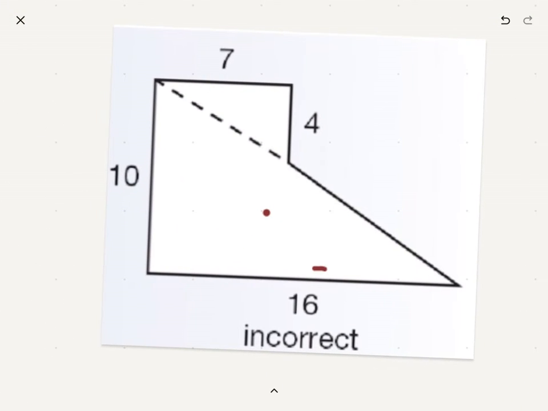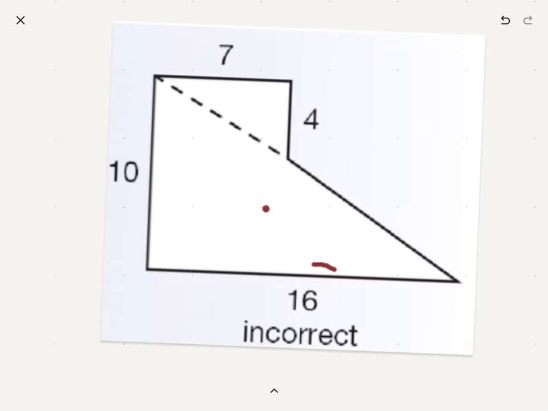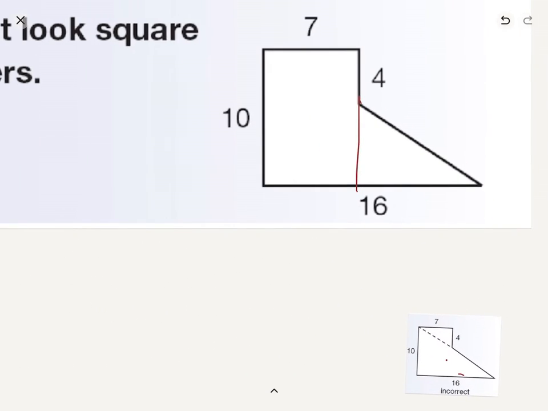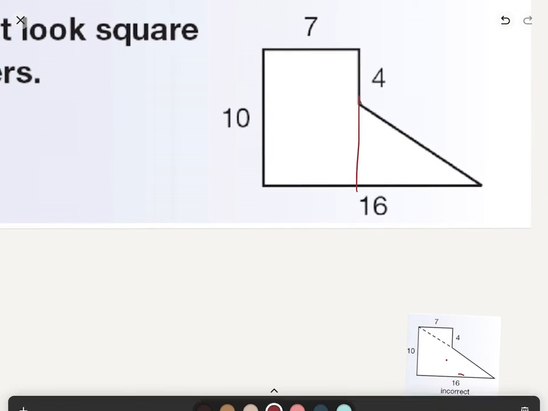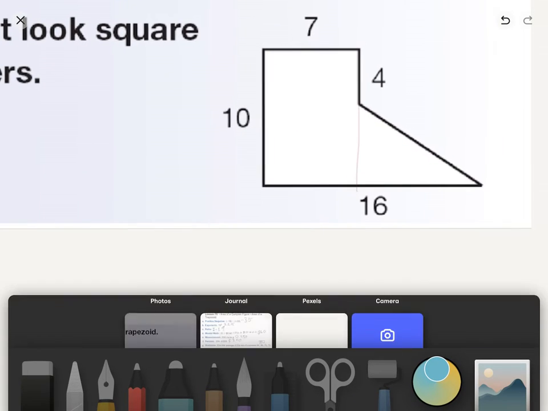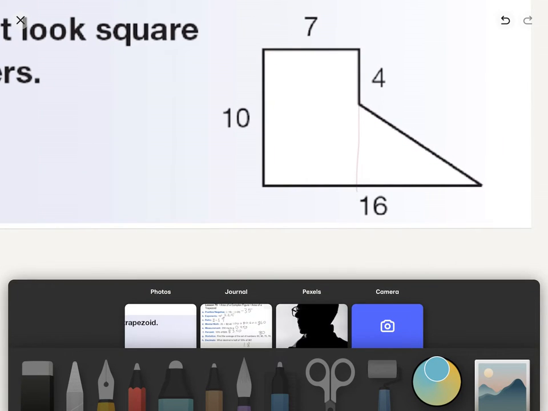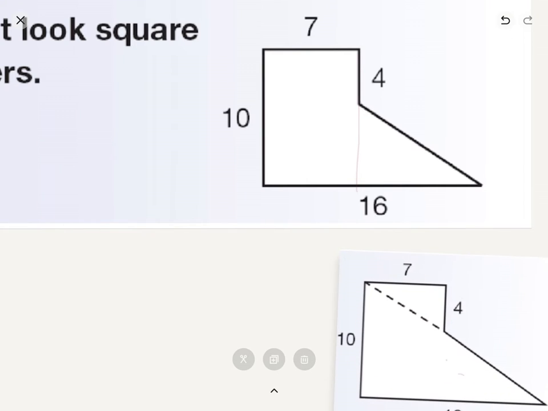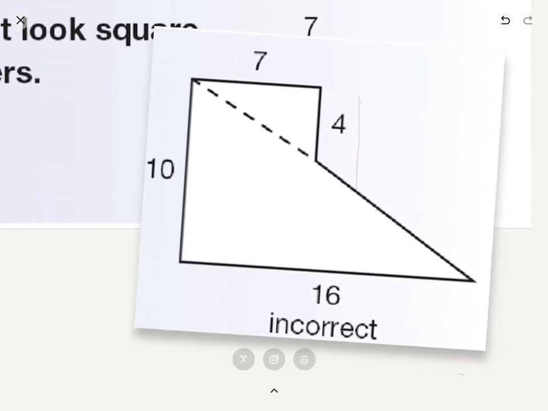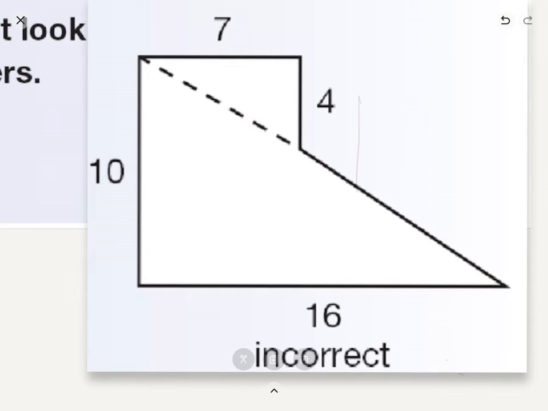You can't do this because, let's see, my thing is not behaving at the moment. Hold on. Okay, let's get this up here where we can look at it closely.